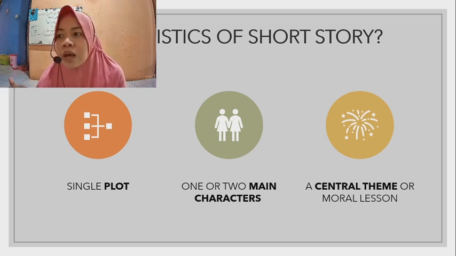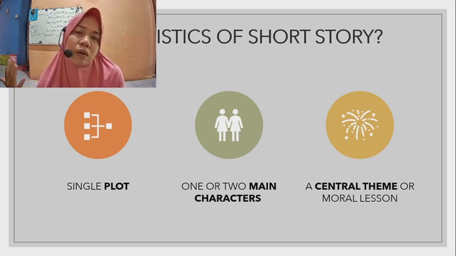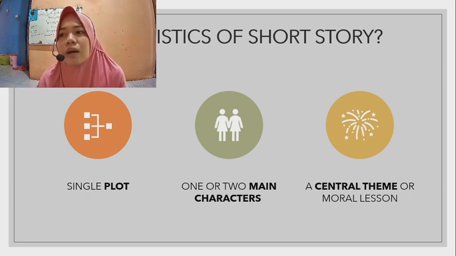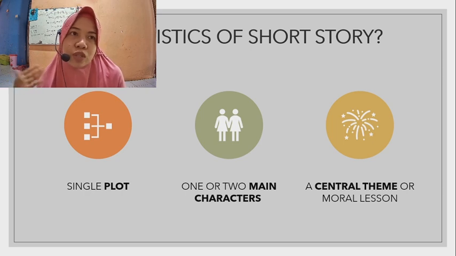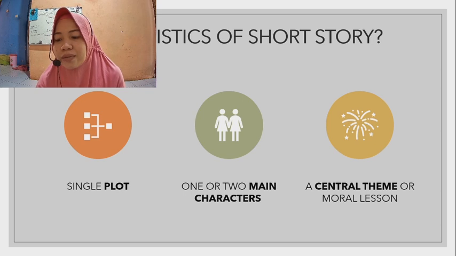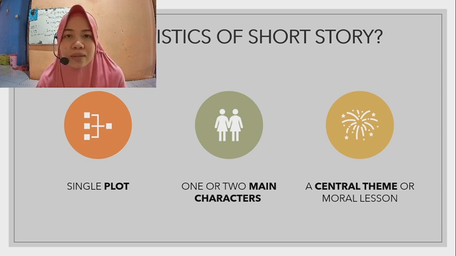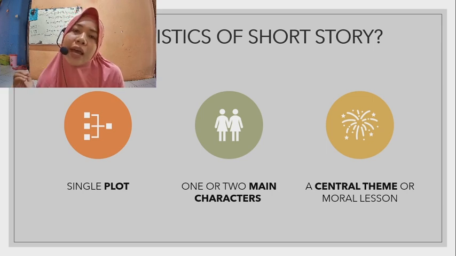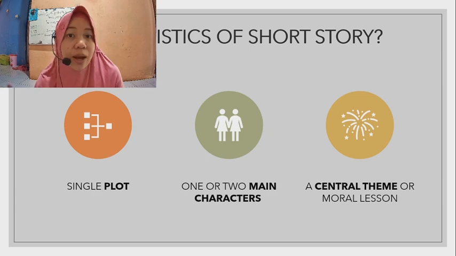For example, the romance of a couple where, for example, the parents don't give their blessing, taken as an example. So it has only a central theme or moral lesson. It's not layered, it's not multiple, and it has only one to two main characters. Okay?